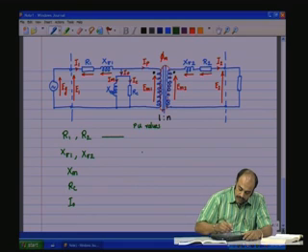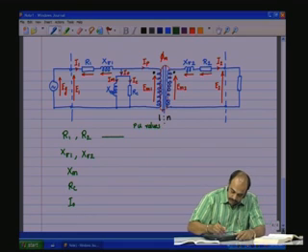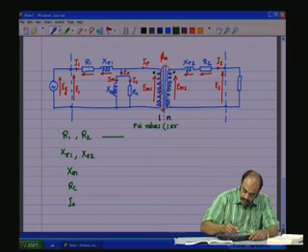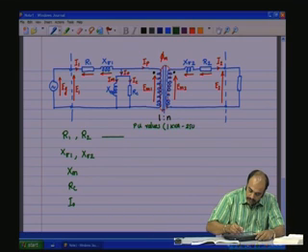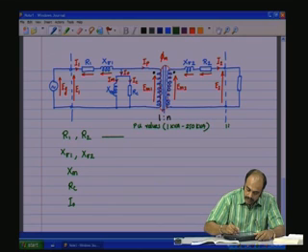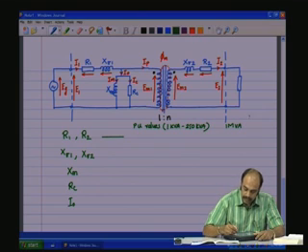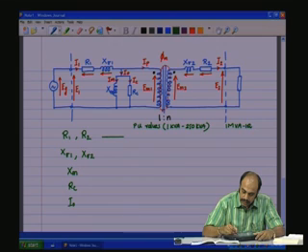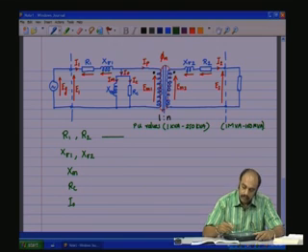So, we have the per unit values for, let us say, 1 kVA to 250 kVA and 1 MVA, that is 1 mega volt amp, to 100 mega volt amp. For these two ranges, the per unit values are given like this.